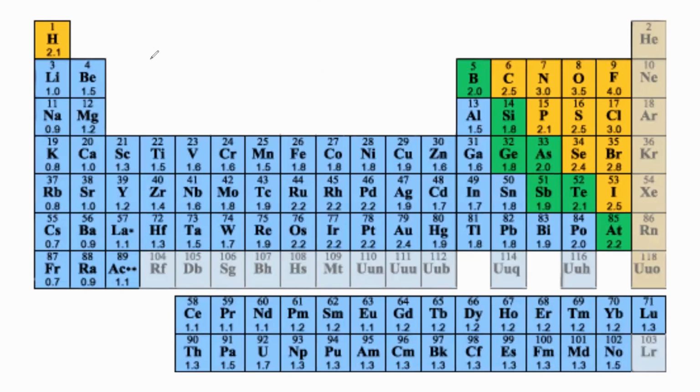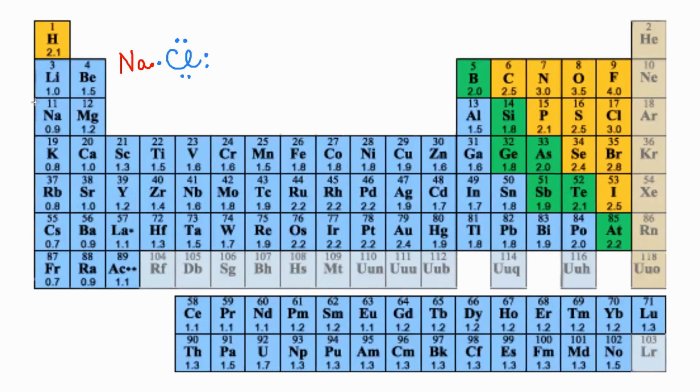Let's analyze one more example. Let's look at a bond between sodium and chlorine. And for this example, I'm going to be drawing the valence electrons. Chlorine has 7, and sodium has 1. Now let's locate them in the periodic table.